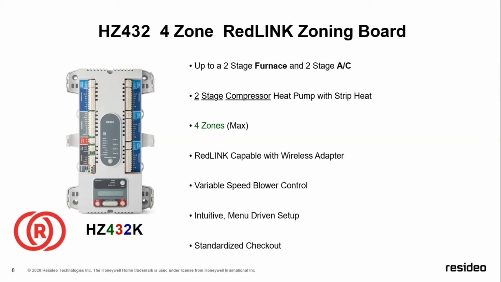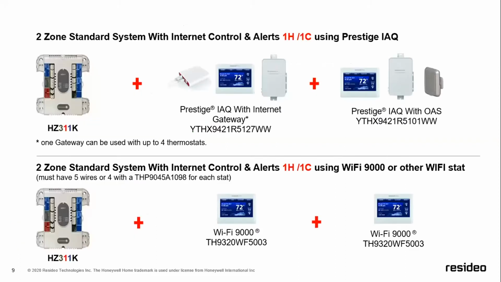So you've got a quieter system, a more efficient system, and it's some pretty low-hanging fruit with some very, very simple wiring. Once again, it's got the intuitive setup and then an important checkout that you'll need to do at the very, very end. Okay, Jamie, if you'll go to the next slide, please.